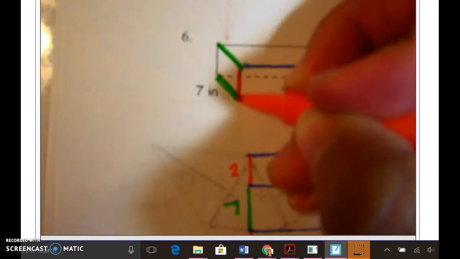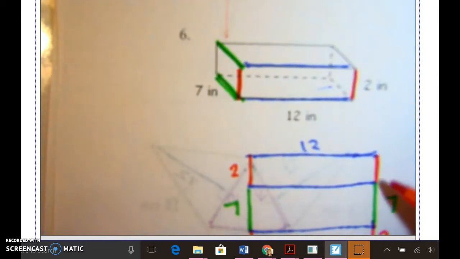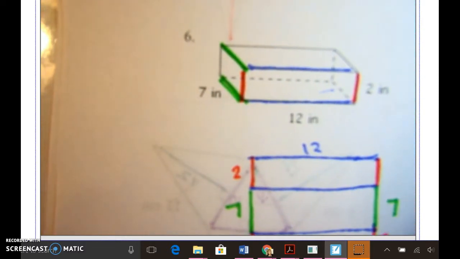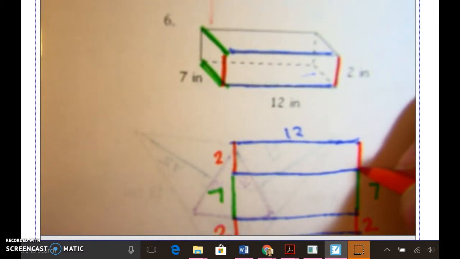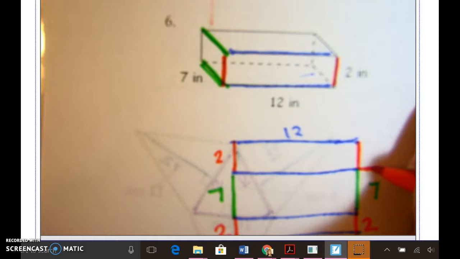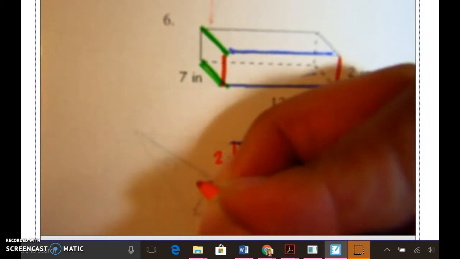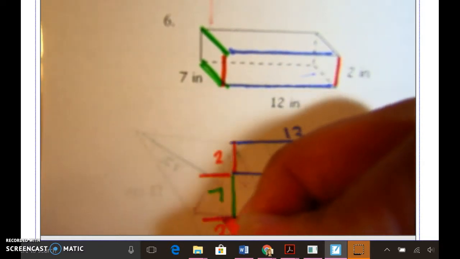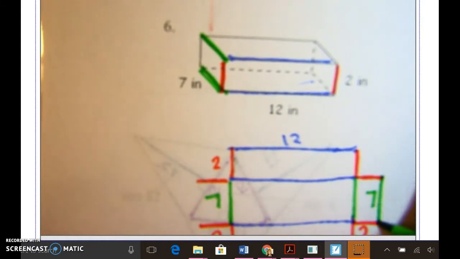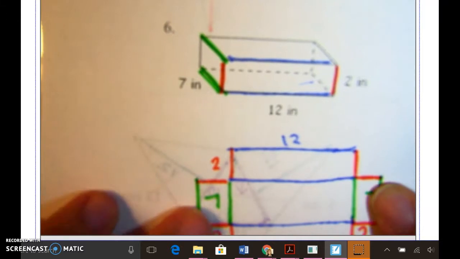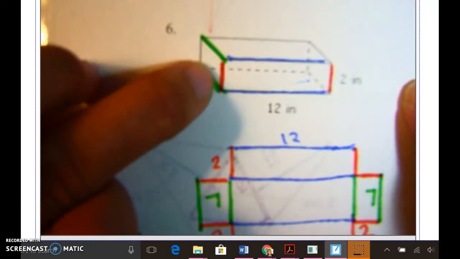The height is 2. So I can draw my sides here if I want to. I can do a 7, and I could do 2. And then this side 7. So these are here, the sides.